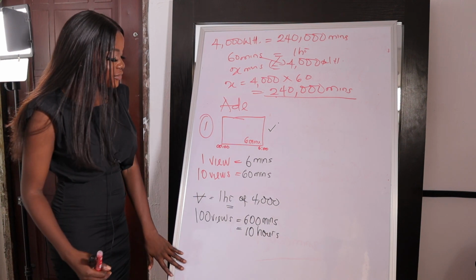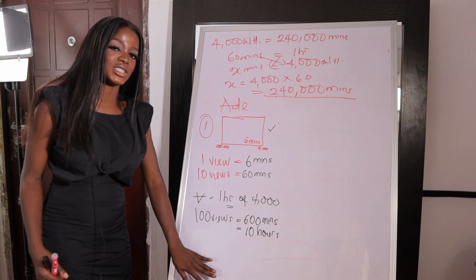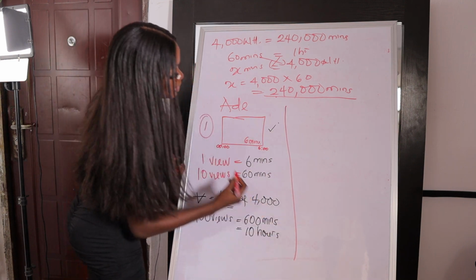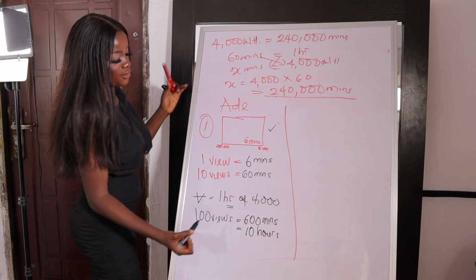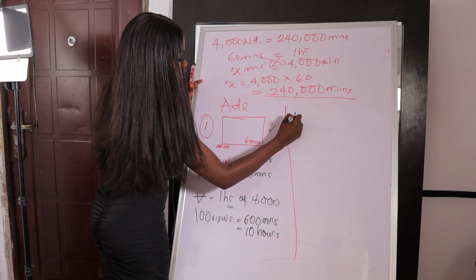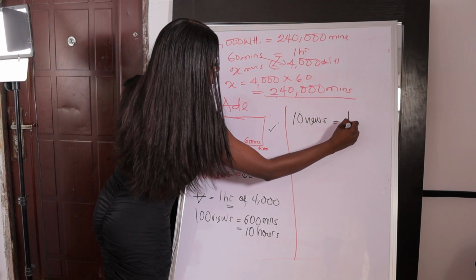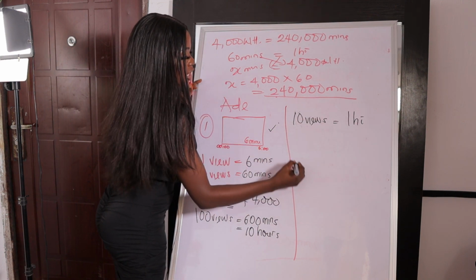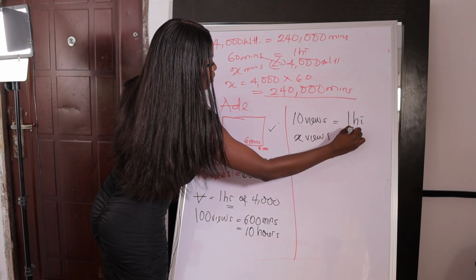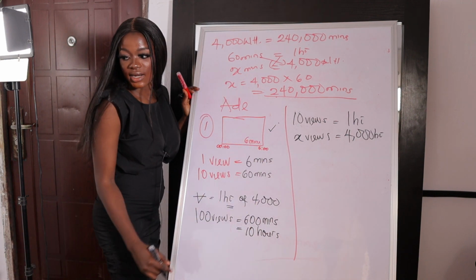Now, how many views does Ade need in order to achieve 4,000 watch hours? How many views does Ade need? Now, if for every 10 views Ade has 1 hour, then X views is going to be for 4,000 hours, right?